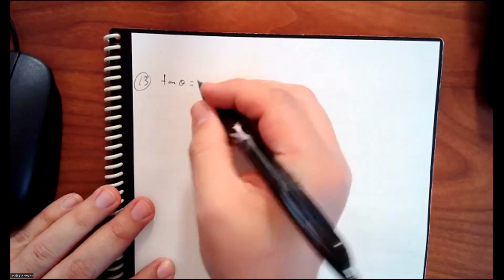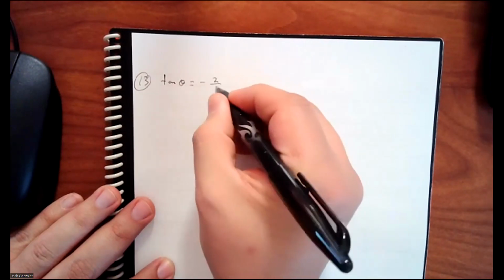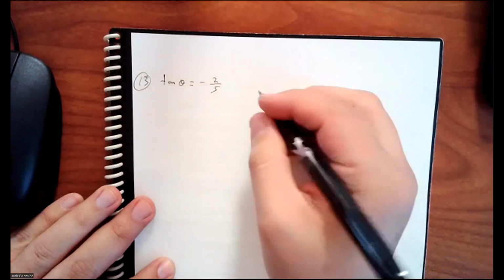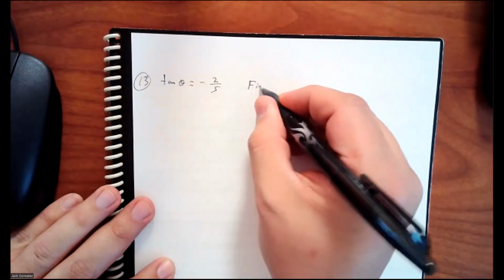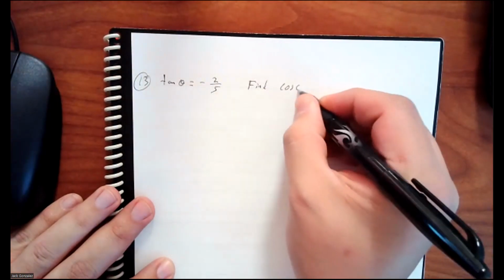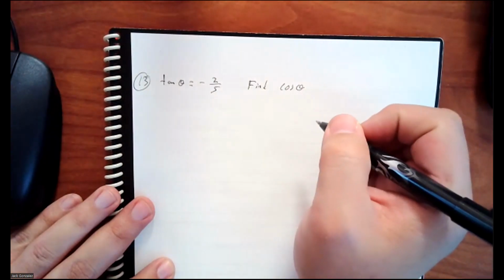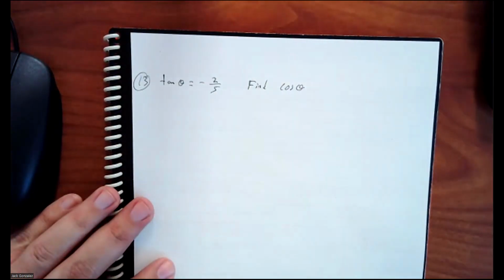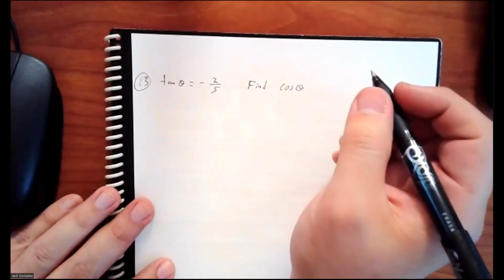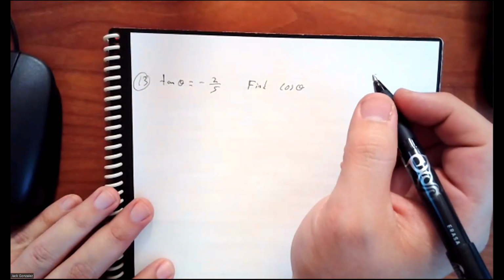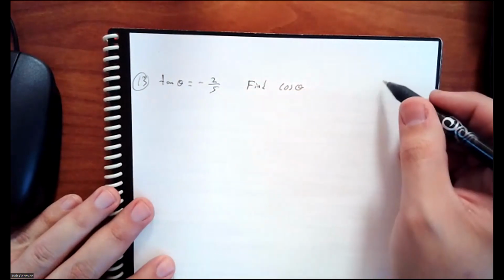Tangent of theta is equal to -2/5. Find cosine of theta. So build a triangle, right?